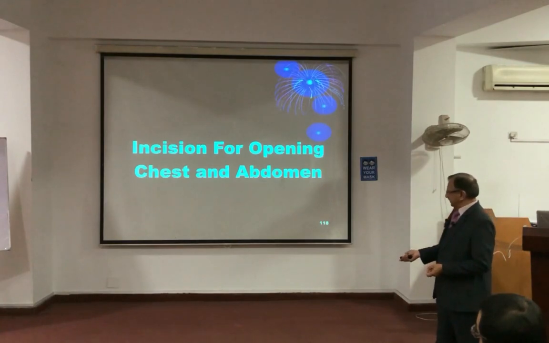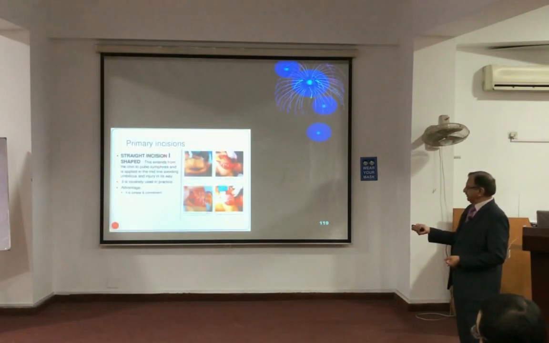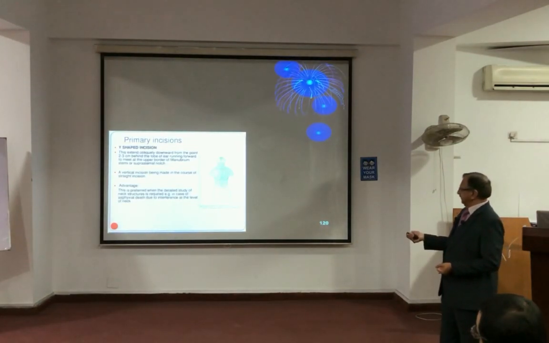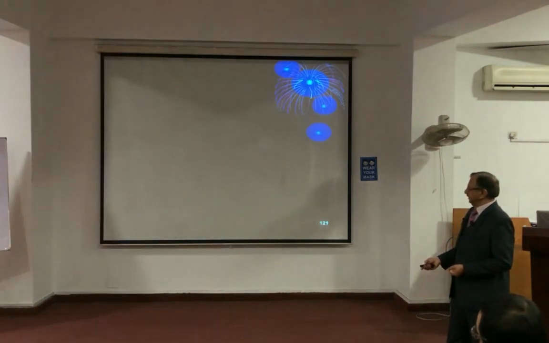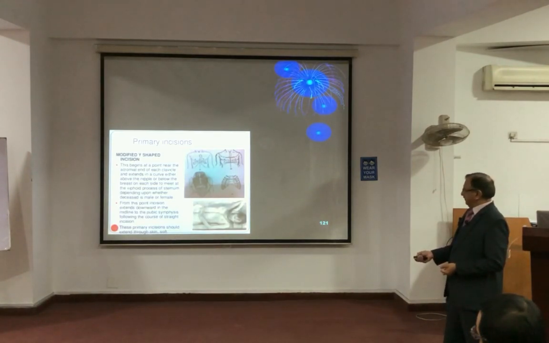Then the incision for the chest and abdomen is either I-shape, a straight incision from the chin going down to the pubic symphysis, or Y-shaped, starting from both mastoid processes, joining in the manubrium, then going down in the midline, or modified Y, starting from the shoulders, the tip of the acromion, joining in the xiphisternum, and going down in the midline.